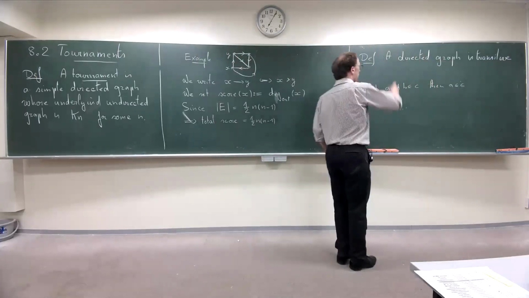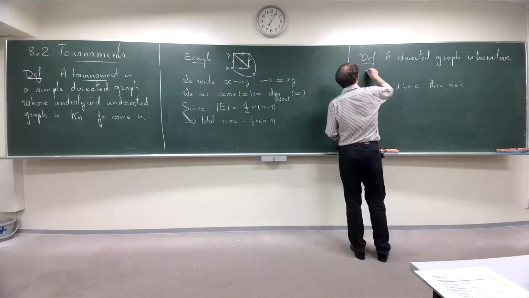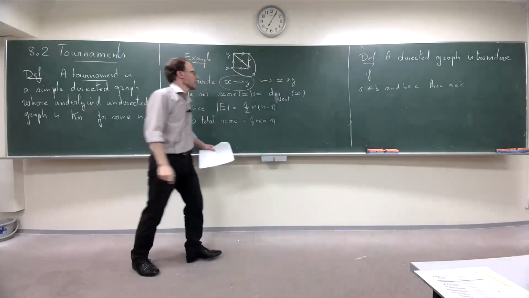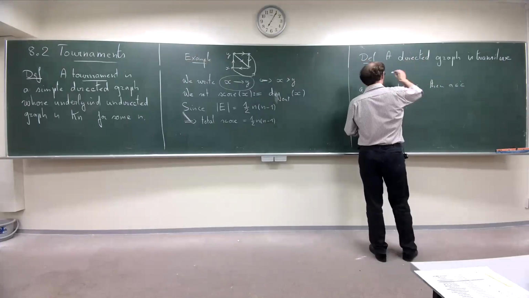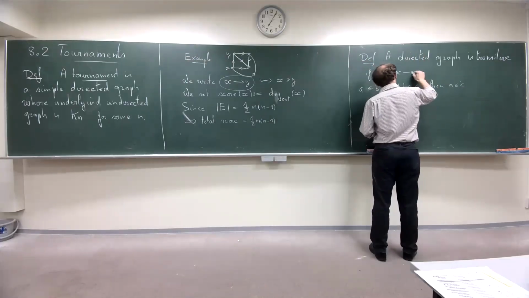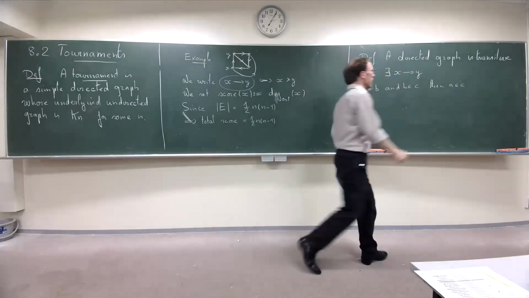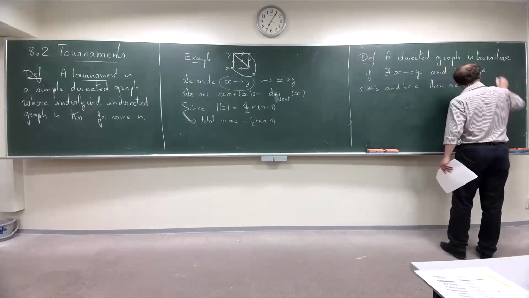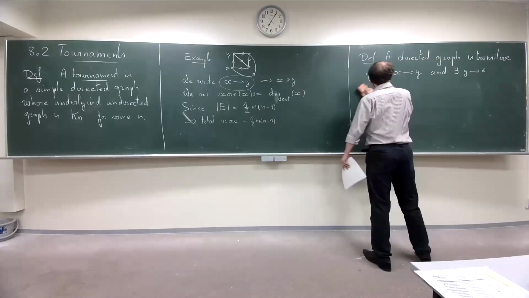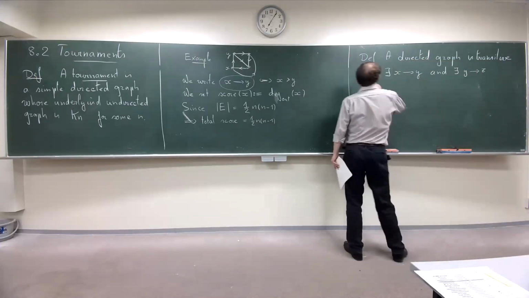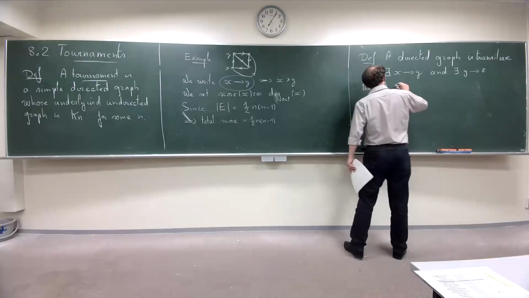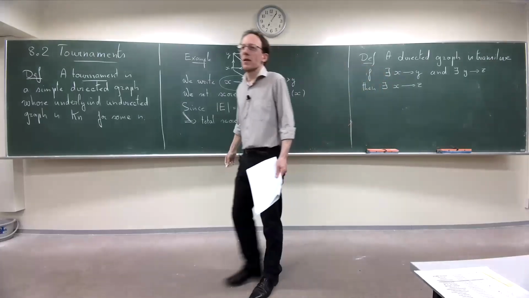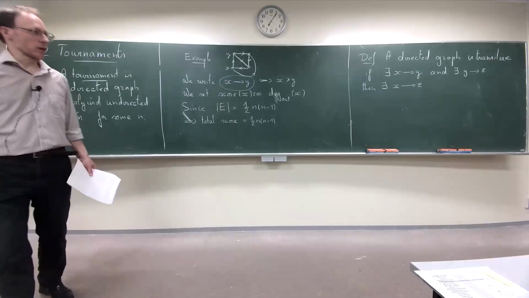Here it's the same. A directed graph is transitive if, using this notation for a directed edge from X to Y, there exists an edge from X to Y, and there exists an edge from Y to Z, then we can take this edge from X to Z. It's always the same story about transitivity.